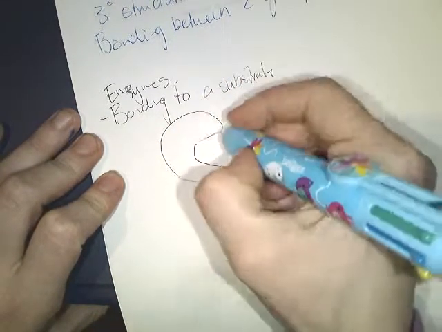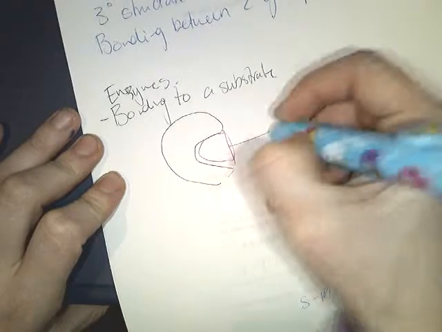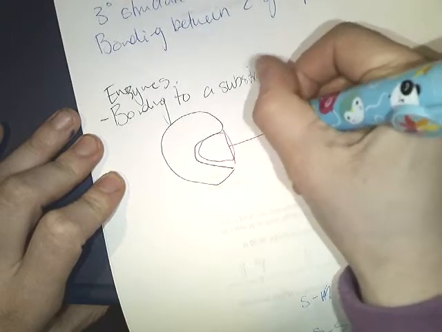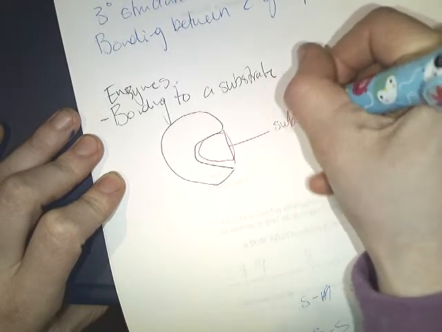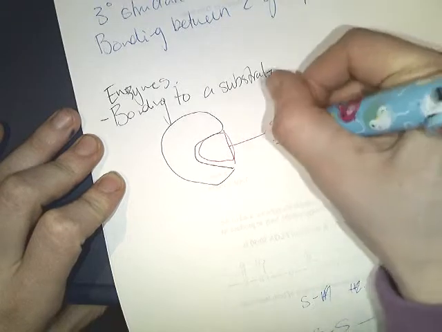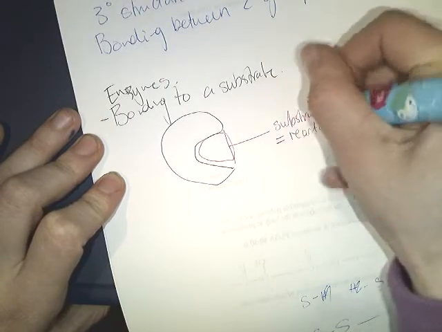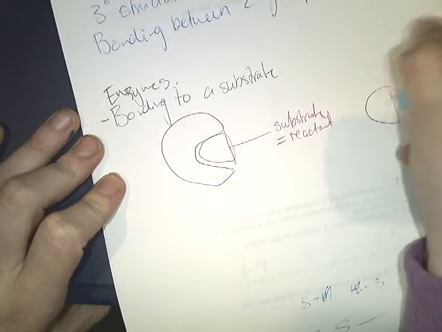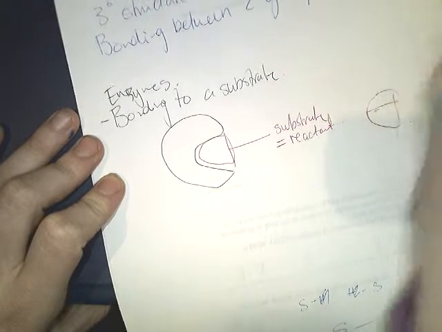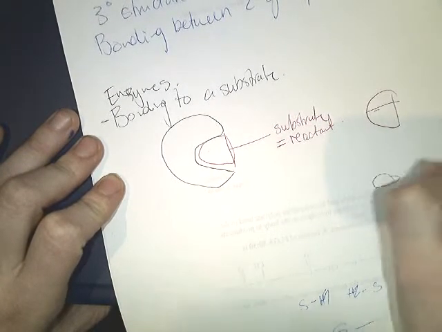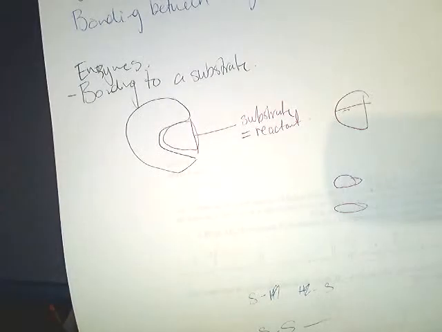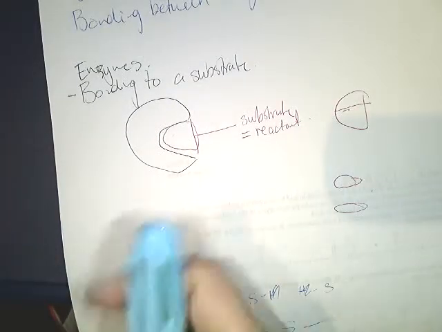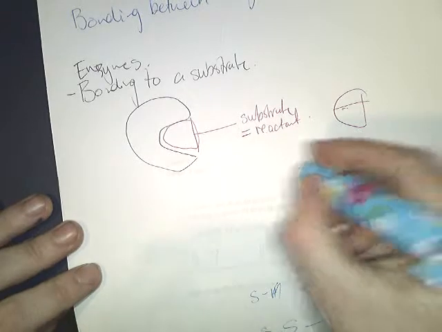The substrate shape may be like so. Substrate equals reactant. So the enzyme may act on this particular substrate to split it up into 2 separate products. Okay? The enzyme is regenerated though at the end of the reaction.